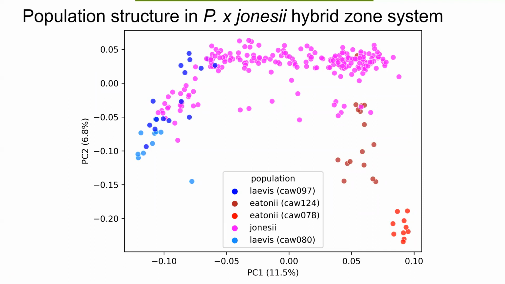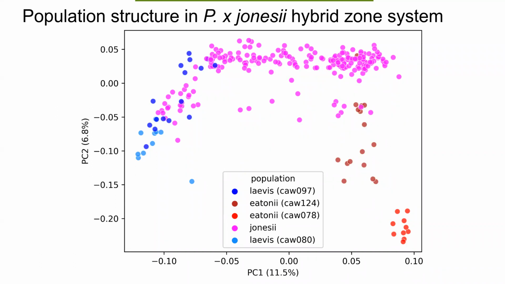Another way we can look at this is to take that same input data, which is all of the variants in the genome that differ between the individuals, and we can transform those again using a PCA and look at how they lay out, how they are related to each other. You can see the darker red and the darker blue are the eatonii and laevis populations that are actually hybridizing to make these Jonesy individuals.